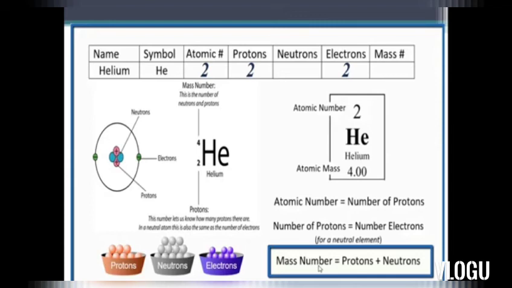So tignan natin kung paano natin madidistinguish sa periodic table of elements kung ano yung atomic number at kung ano yung atomic mass. Yung atomic number, helium is number 2. So actually, ang mga elements ay inayos ng ating mga chemists or ng ating mga scientists according to the increasing atomic number.